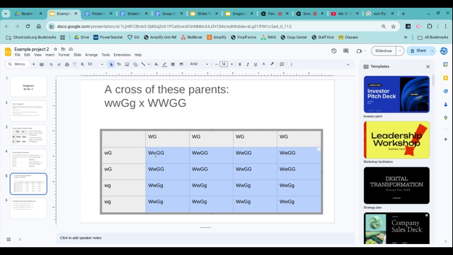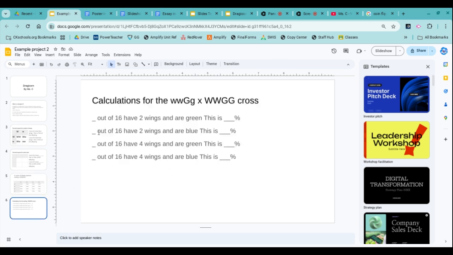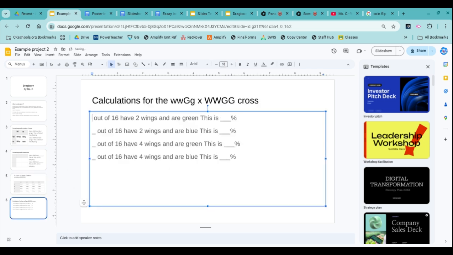So 16 out of 16 of these are showing the doubly dominant traits. And 0 out of 16 show anything else, which is why I said earlier that that would make my math easy.